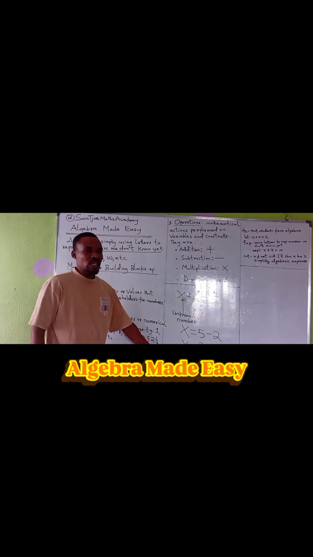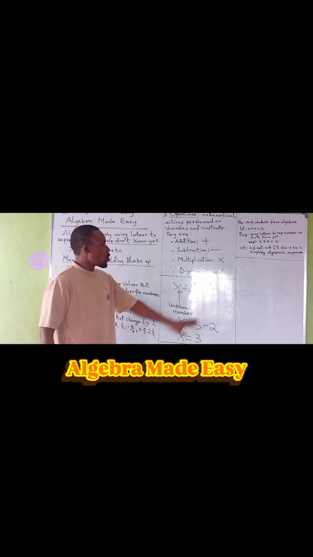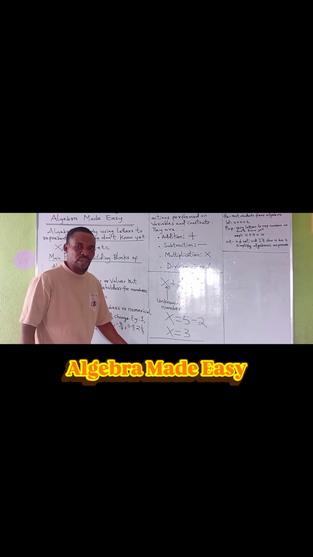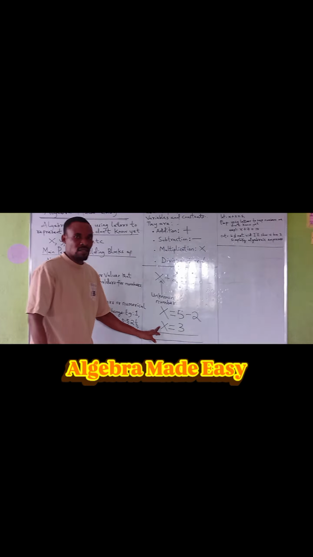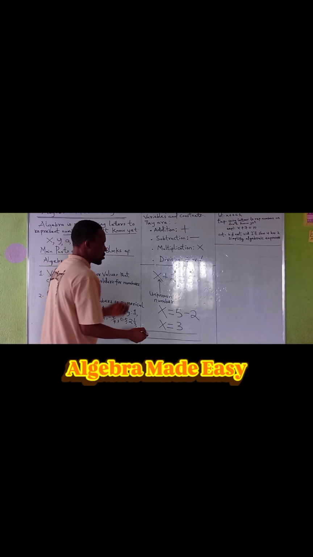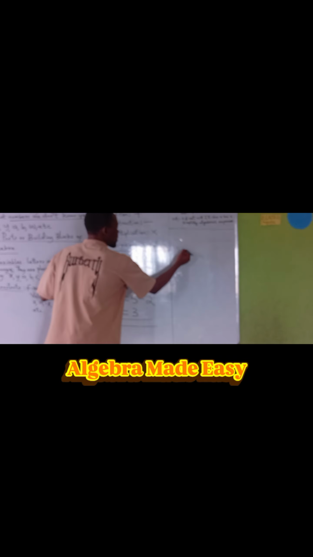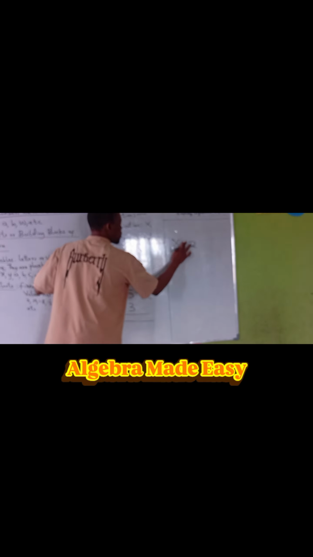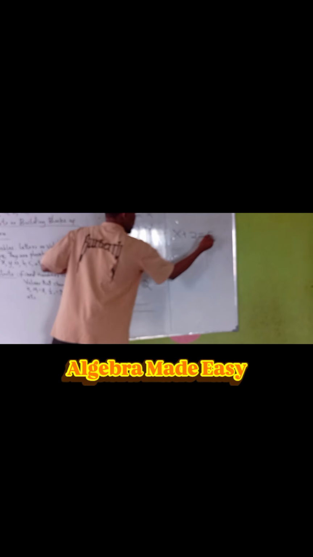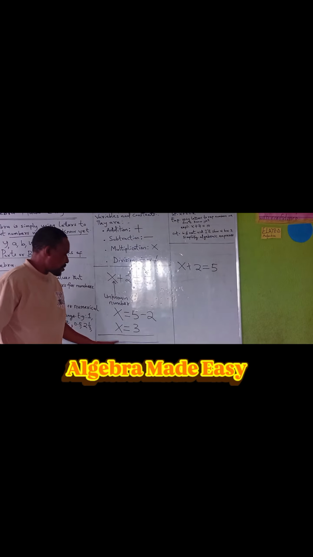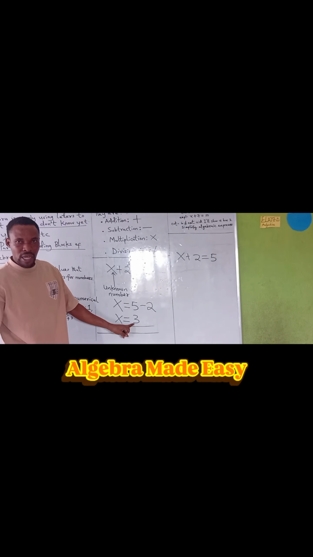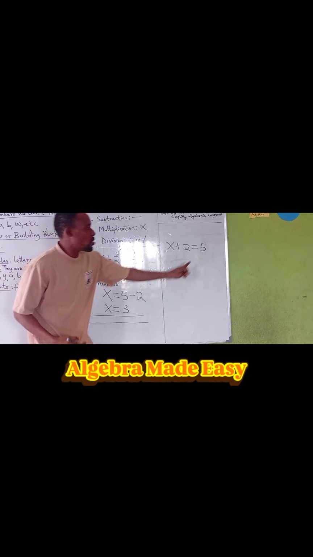Now, how do we know that we are correct? Now, let's go back to this original equation and input the value of x back and see if we are correct. If we write x plus 2 is equal to 5. Now, if we come here and replace the value of x with 3, which we have gotten as the unknown, let's check if we are going to have 5.